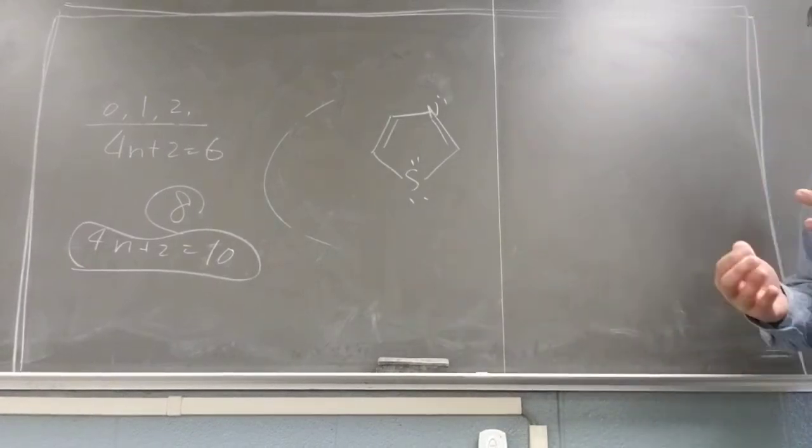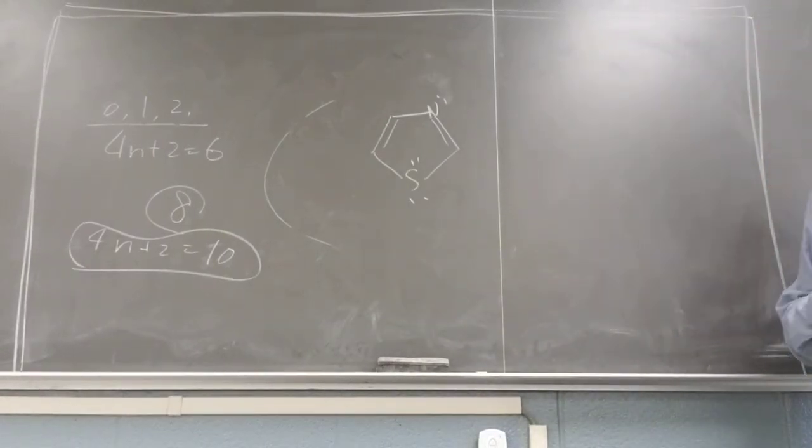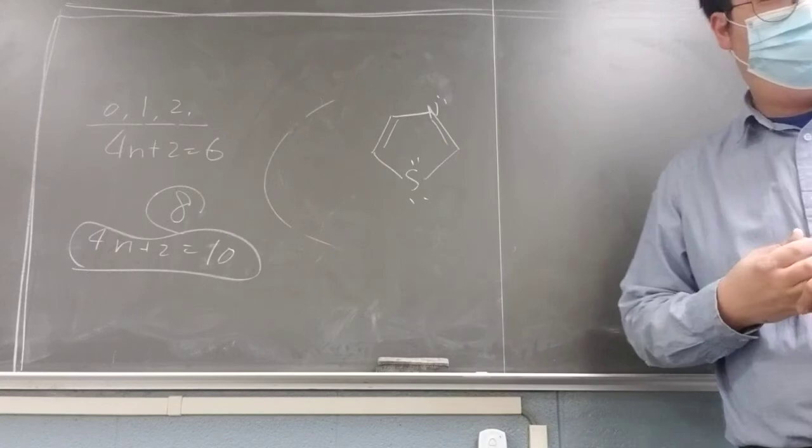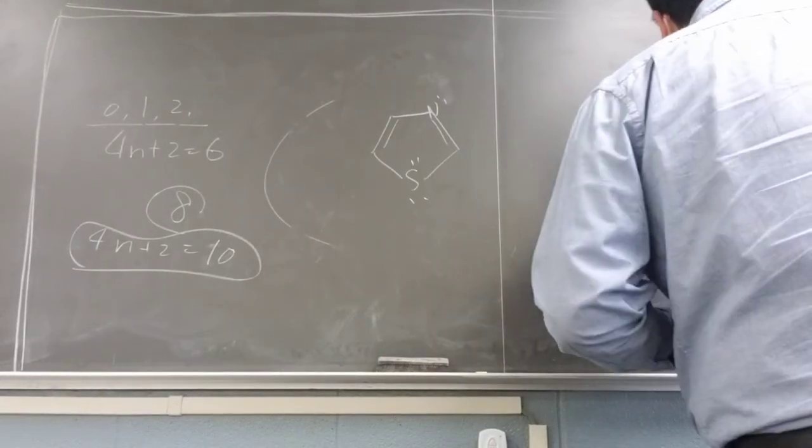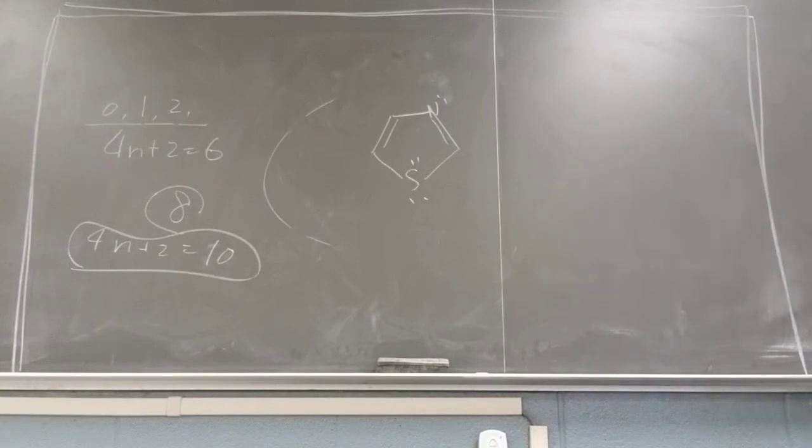So just tell me if it will be aromatic or not. Okay, that's it. About 1 minute or 2. This might be the most difficult one in this chapter 15.